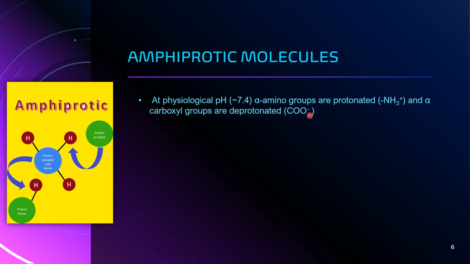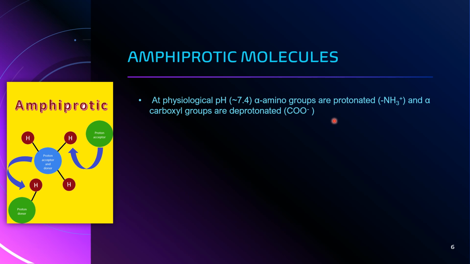And how is it possible? Because this particular amino acid has the amphiprotic property, that they can accept protons as well as donate protons. So at the physiological pH, the alpha amino group is protonated and the alpha carboxyl group is deprotonated, which means there is a charge separation, that is NH3 plus here and COO minus here.